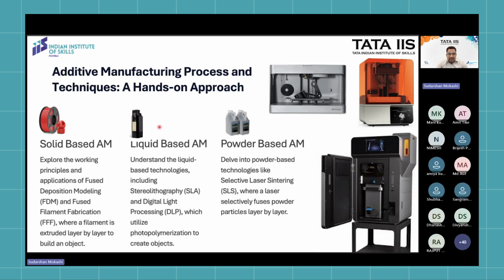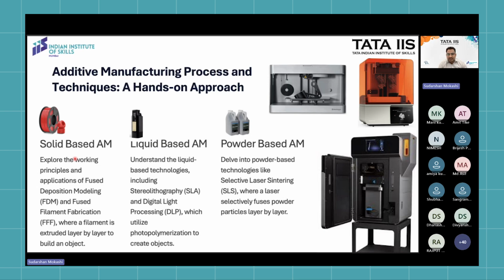So in our institute, we have these three machines for the 3D printing course. First we have a solid base 3D printing, which uses a filament, like FDM and FFF. Here we use polymer filament with a heated nozzle and print the part layer by layer. Second technology is SLA, also called DLP.